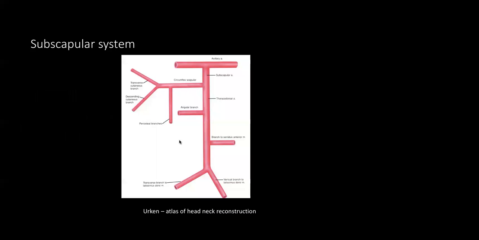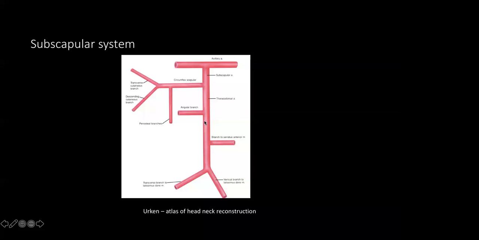Now, this is the picture of how the thoracodorsal artery arises and branches. So starting from the axillary artery, you have first what is called the subscapular artery. The subscapular artery divides into two branches. One is the circumflex scapular artery, which is important for your parascapular flap and your scapular bone flaps, and the thoracodorsal artery.